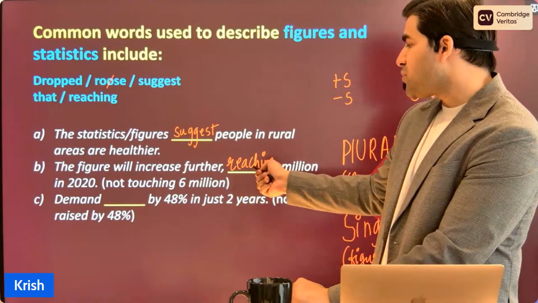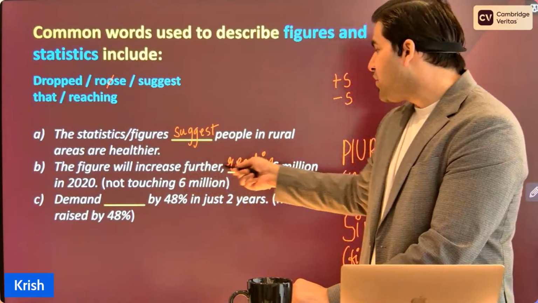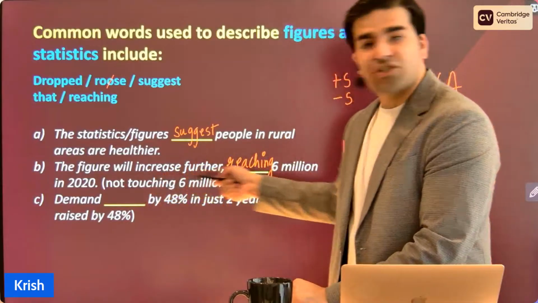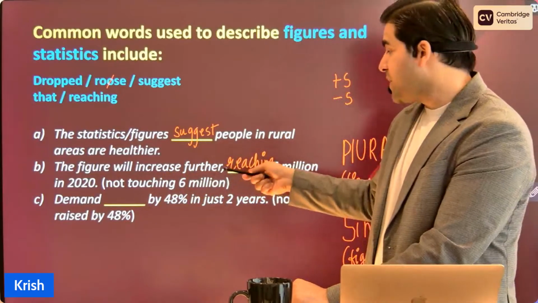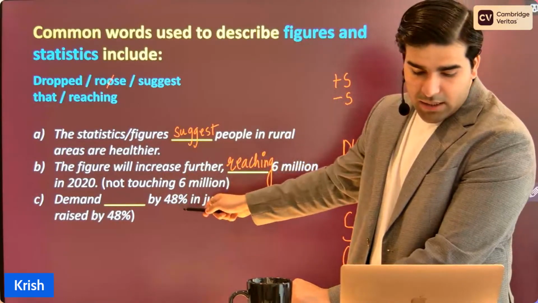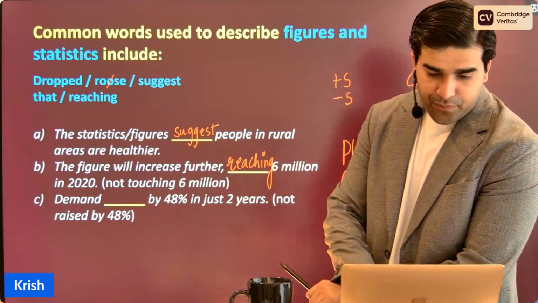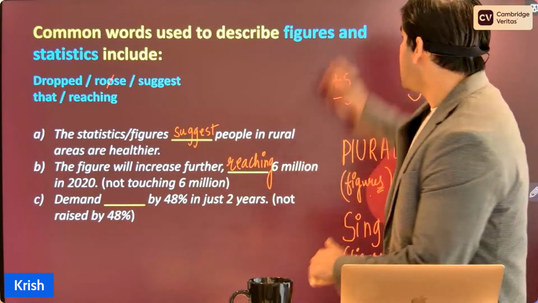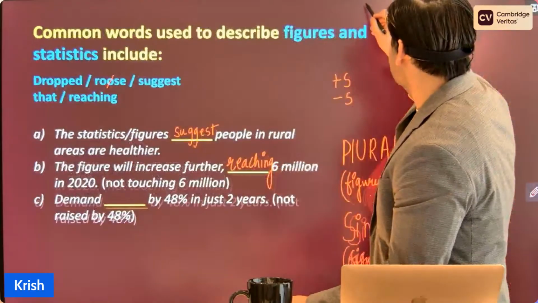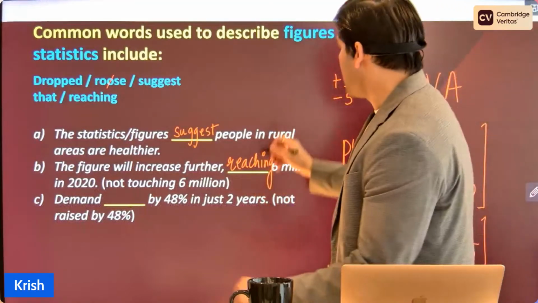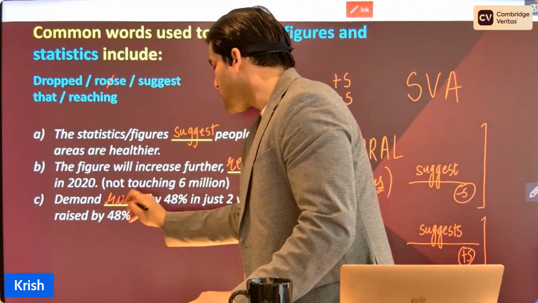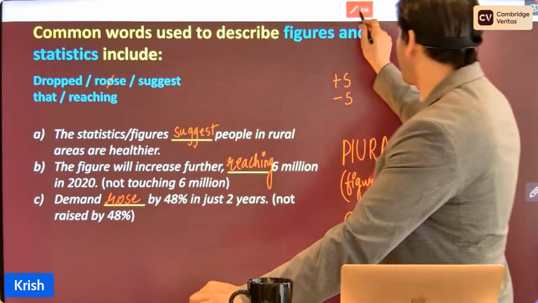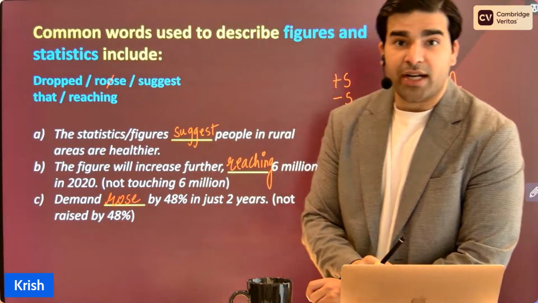And similarly, in the first one, we do not say increase further, not touching 6 million. We don't say touching 6 million, we say reaching 6 million. Similarly, what is this here? Yeah. So it is demand rose. Here we say demand rose.